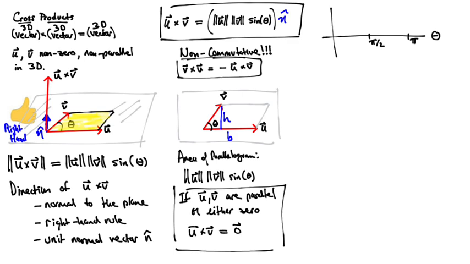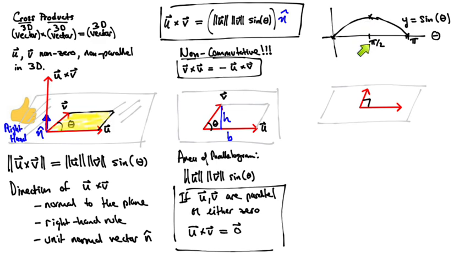Just like we did for the dot product, let's look at how the sine of the angle impacts the cross product. The first thing to observe is if I plot the sine of theta between 0 and pi, it is never negative. So this stuff here is always positive. The directional part is only determined by n itself, by the right-hand rule. Let's think about some extremes here.